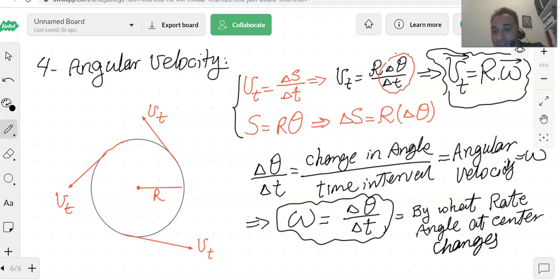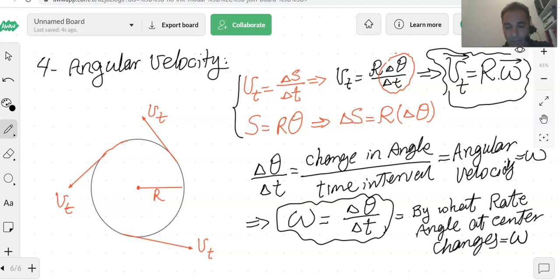The rate of change in angle per time is called omega. Guys, when we say rate, what does rate mean? It's that quantity divided by time. So when we say rate of change in angle, that means change in angle divided by time.